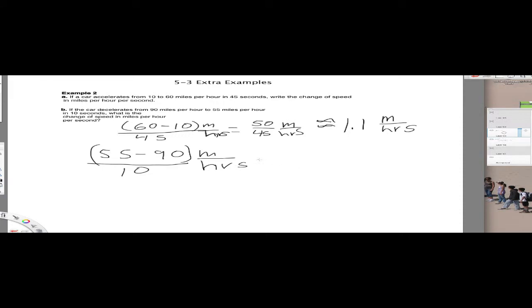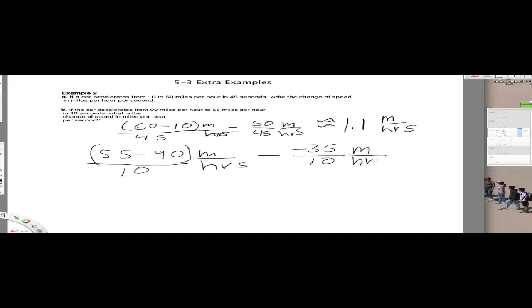Miles per hour per second. So 55 minus 90 is a negative 35 over 10 miles per hour per second.